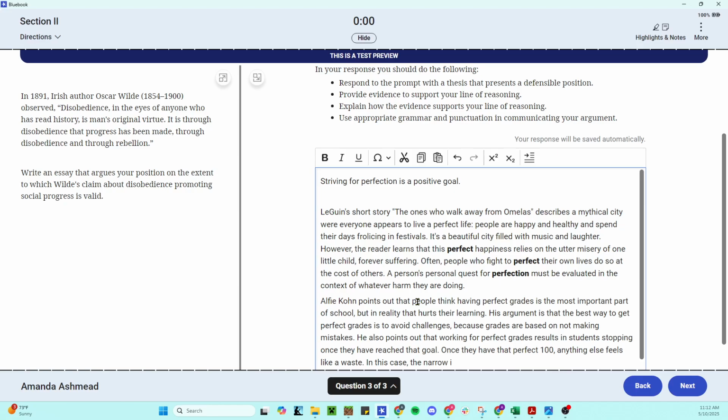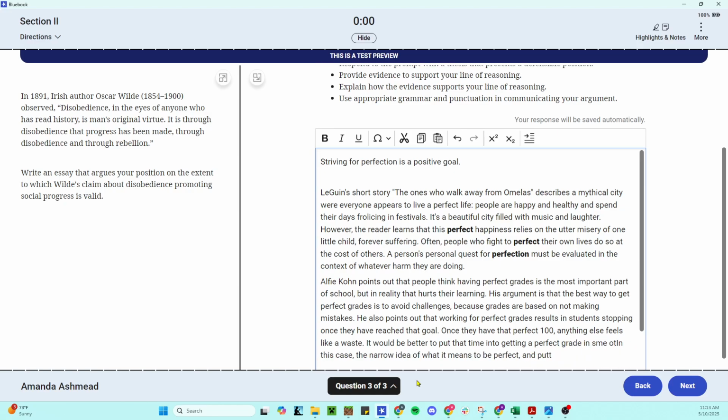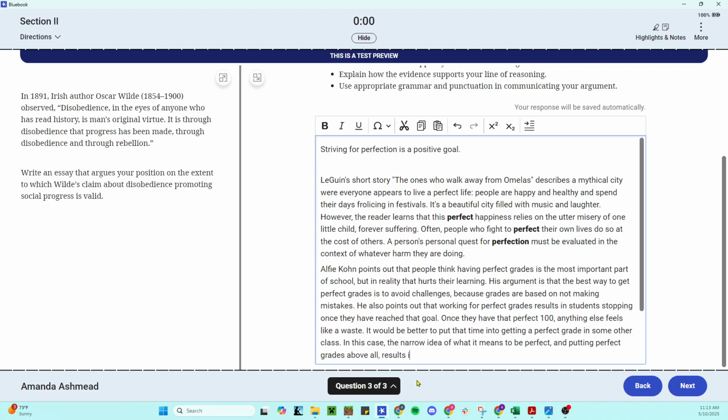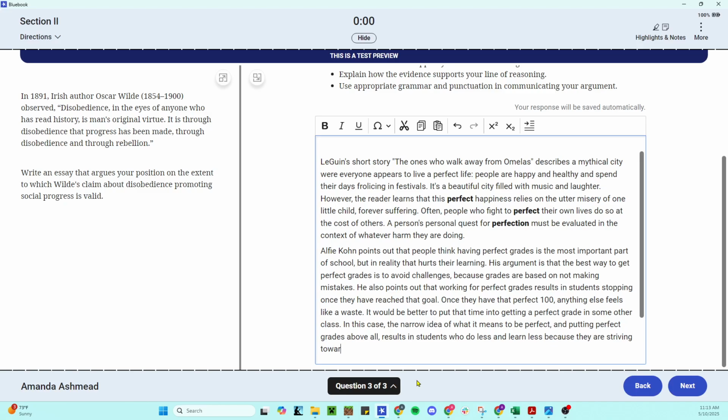In this case, the narrow idea of what it means to be perfect, and putting perfect grades above all, results in students who do less and learn less because they are striving towards a perfect that really doesn't matter.